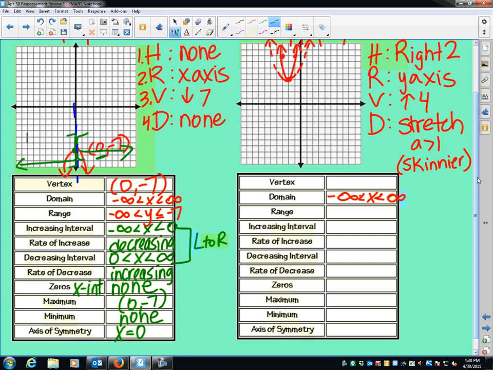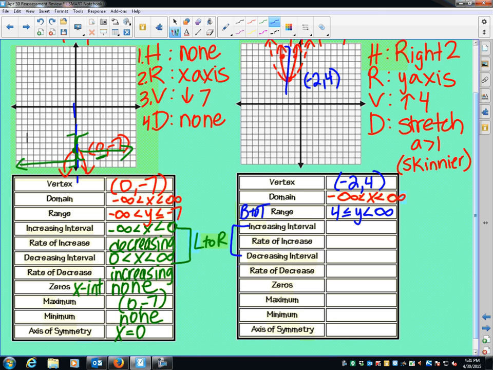Okay, so the vertex, I didn't write it on the graph, is -2, 4. Our range, bottom to top: the furthest bottom that this graph goes is 4, and the highest that this graph goes is infinity. Remember, increasing and decreasing, you go left to right.